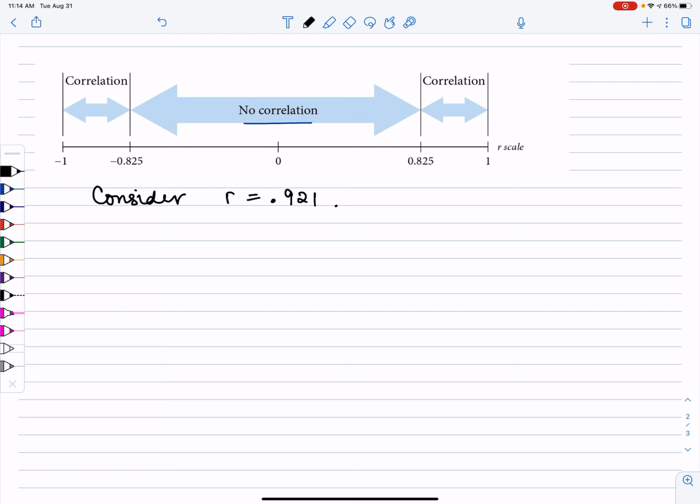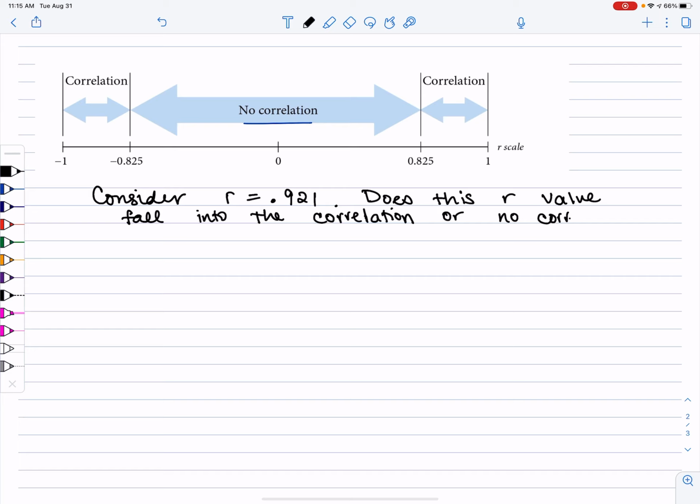Does this R value fall into the correlation or no correlation region? Okay, so where does it fall? Does it fall in the correlation region or the no correlation region?